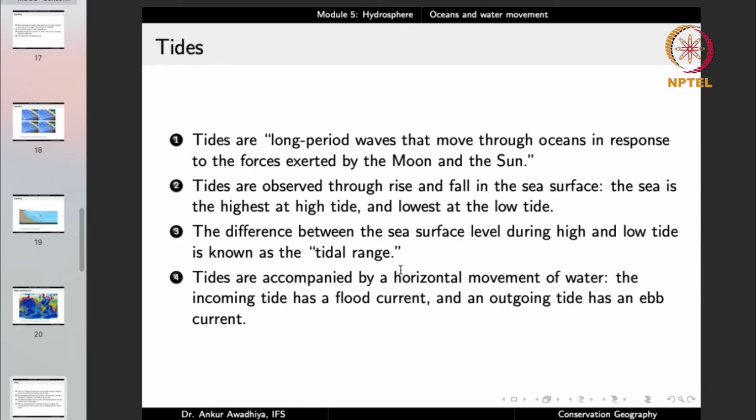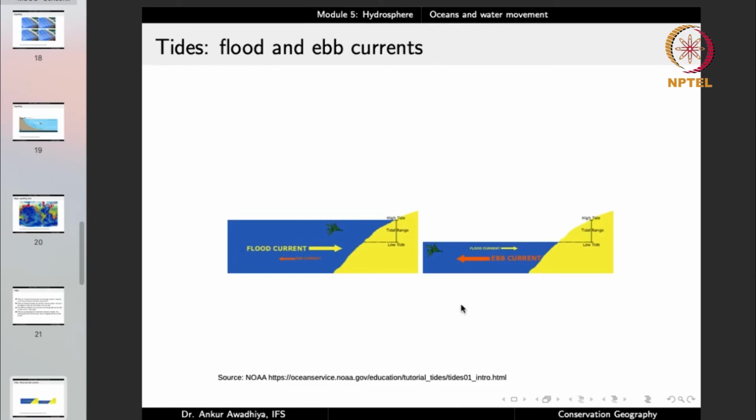And tides are accompanied by a horizontal movement of water. The incoming tide has a flood current and the outgoing tide has an ebb current. What does that mean? It means that when the sea surface level is rising during a high tide, we also have a horizontal movement of water in the form of flood current. So this is being shown here in the form of the movement of this seaweed.